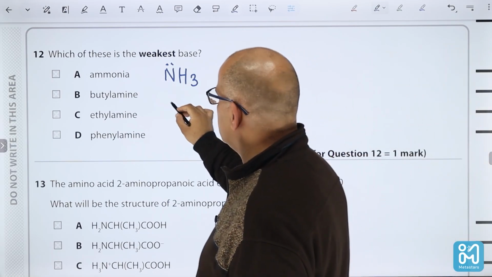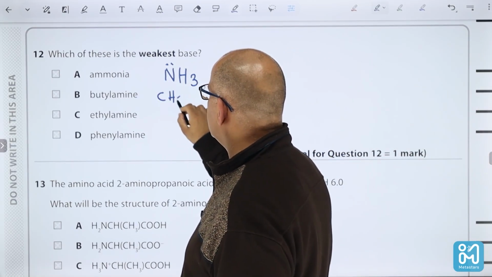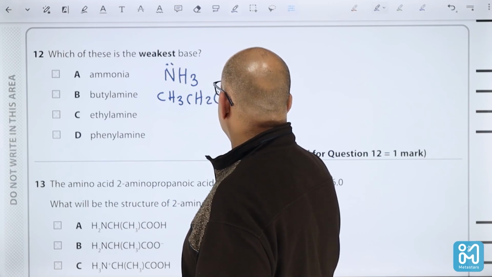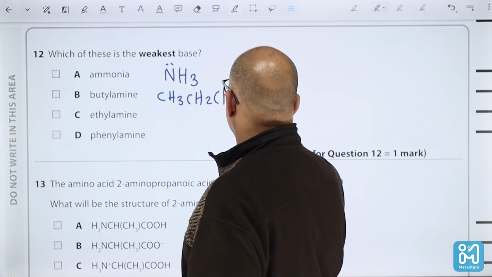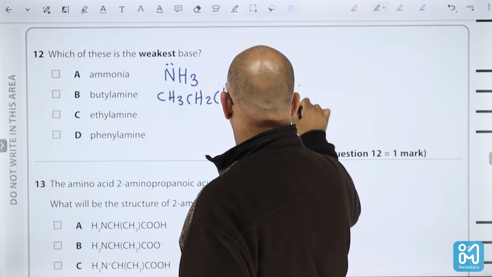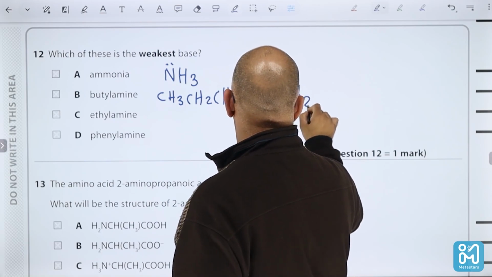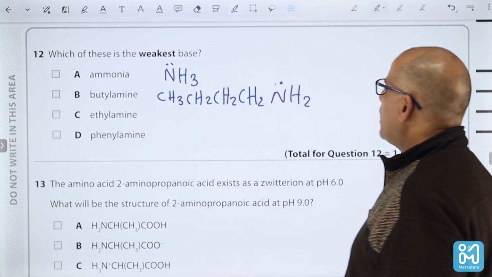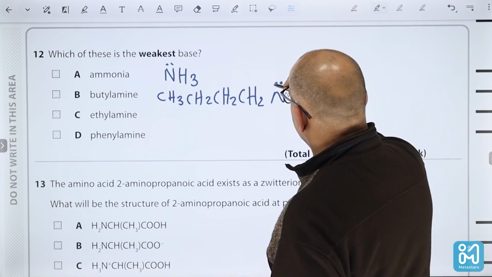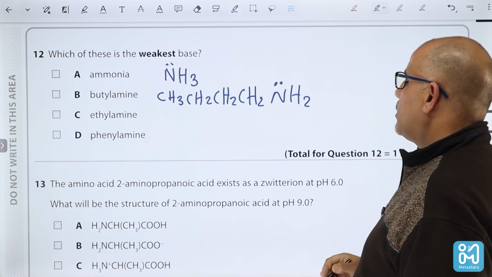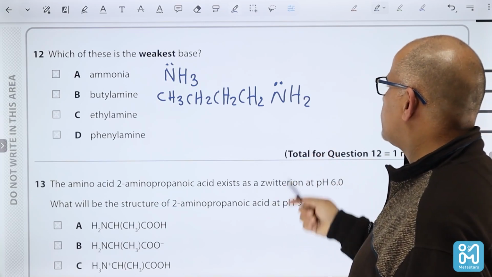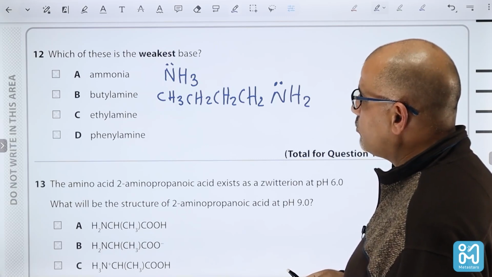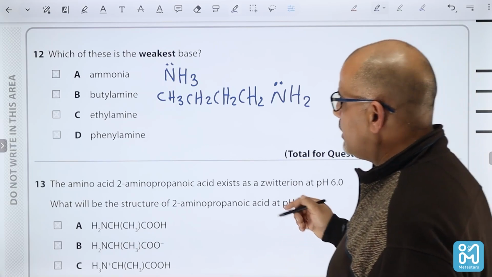For butylamine, it's CH3CH2CH2CH2NH2, and we also have a lone pair, but the alkyl group is an electron donating group, and it will give. He is asking which one is the weakest.